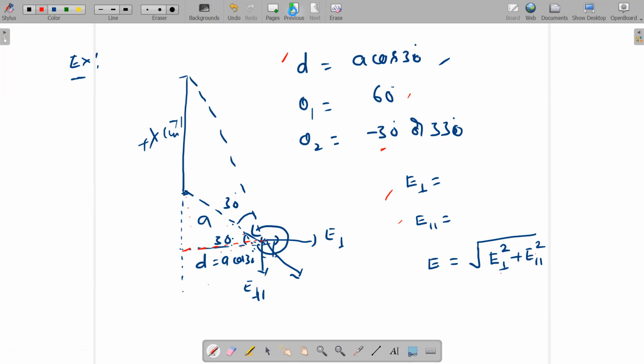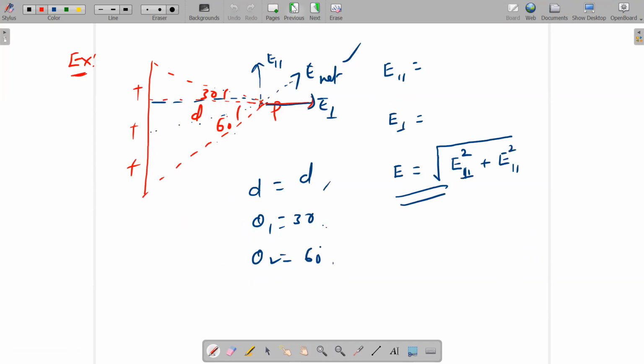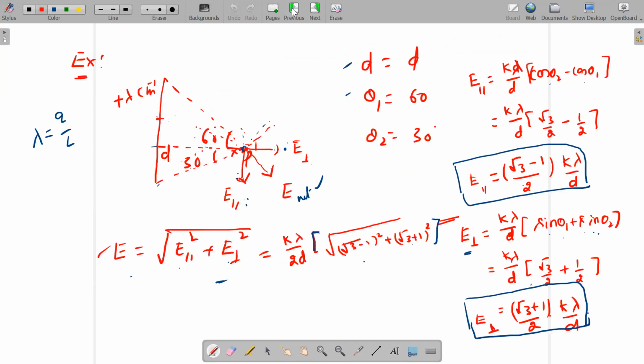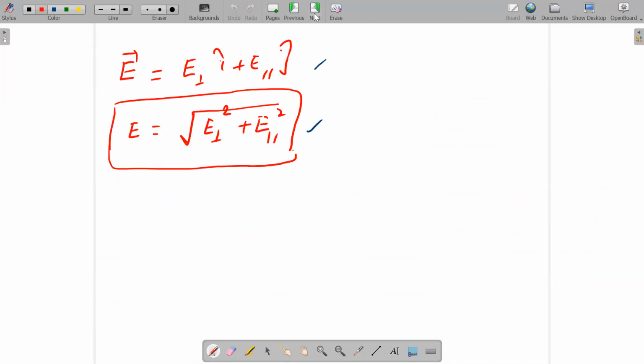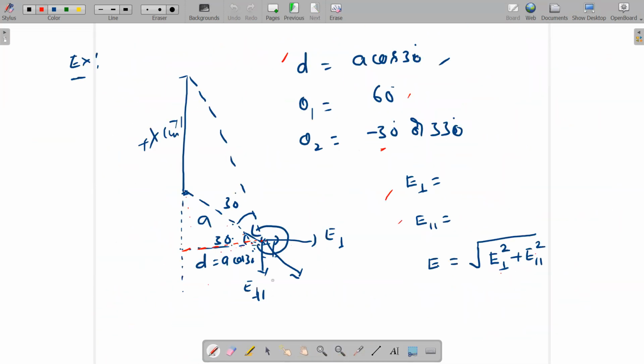In the previous case, if you observe in the derivation, the angle from the perpendicular line to the conductor was theta, taken in the downward direction. But here the conductor itself is here, so you have to draw a perpendicular line from this to this line in this way.